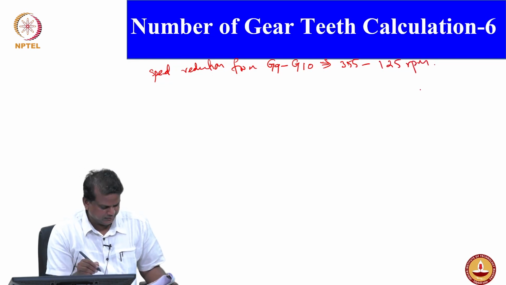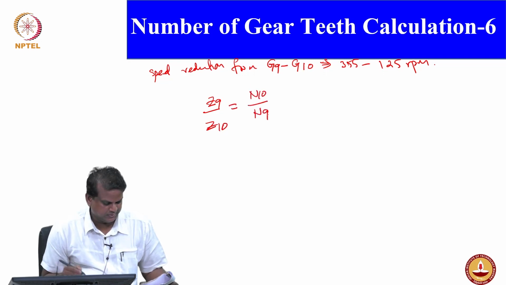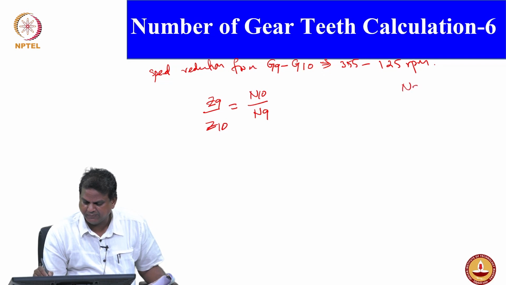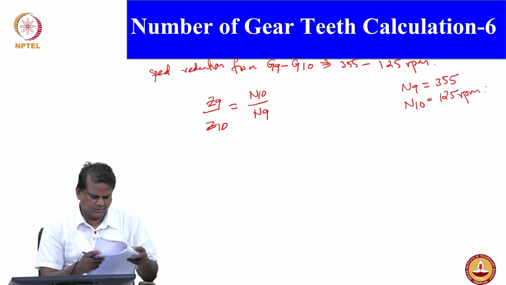So from here Z9 by Z10 equals N10 by N9, whereas N9 is given from your ray diagram as 355 rpm, and your N10 is 125 rpm. Clearly given.